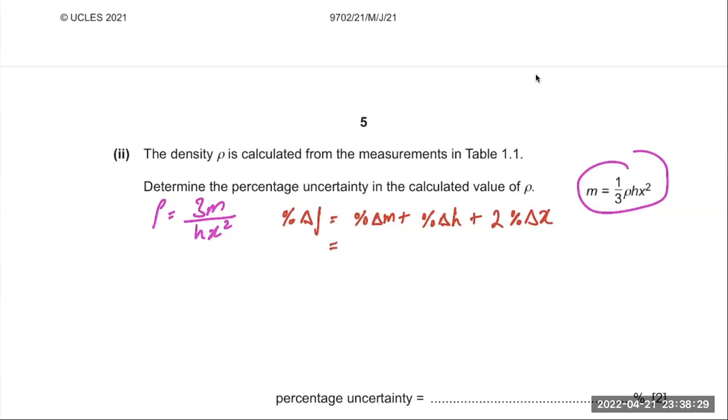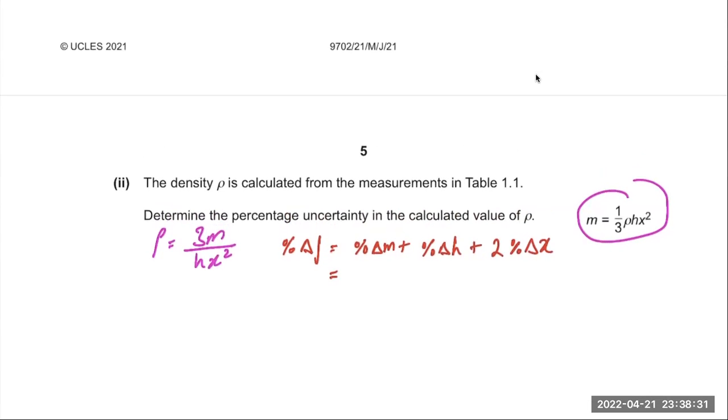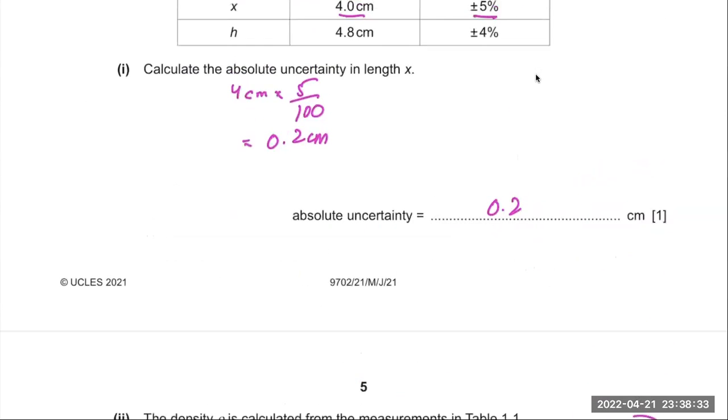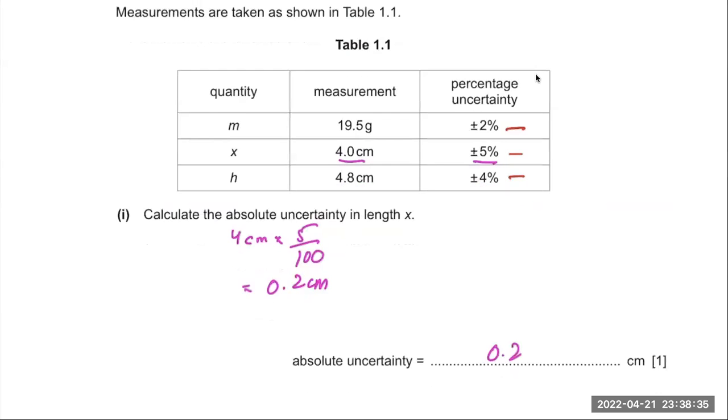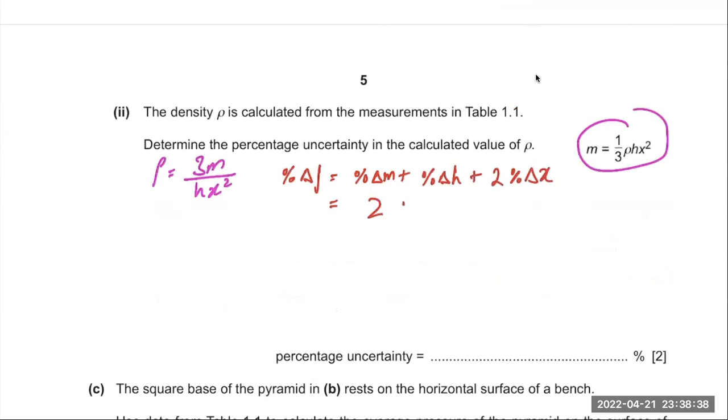So what is the percentage uncertainty in m? It's 2%, it's 5% for x and 4% for h. 2% plus 4% for h plus 2 times 5% for x is equal to 16%.